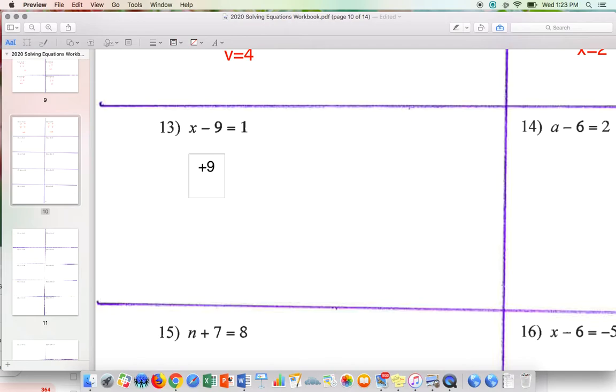Okay, now you're going to have to take out your calculators. Minus 9 plus 9. Make sure you put that into your calculator. Minus 9 plus 9 equals. Should come out with a 0.